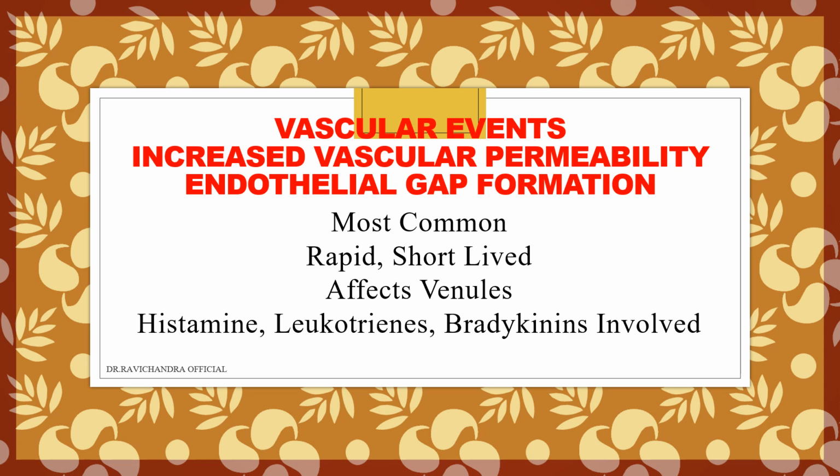Endothelial gap formation is the most common mechanism which results in increased vascular permeability. It is rapid, short-lived, and it will affect the venules. Histamines, leukotrienes, and bradykinins are involved in endothelial gap formation.